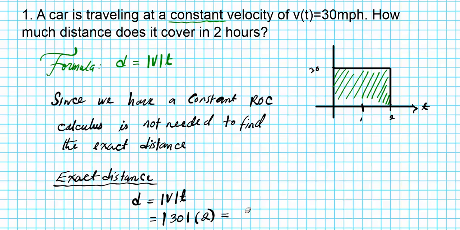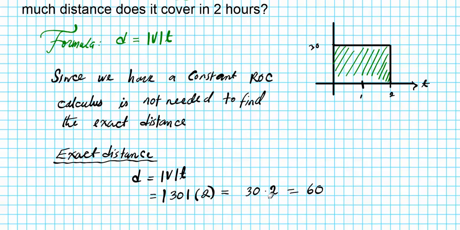Absolute value of 30 is 30, times 2, which is 60. And what is our unit here? The unit for velocity is miles per hour, and the unit for time is hours. So just cancel that out, and then you have 60 miles.